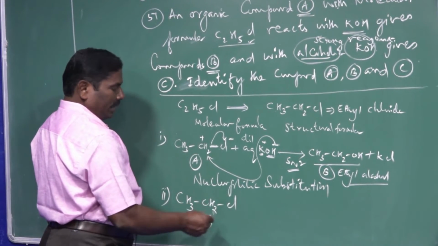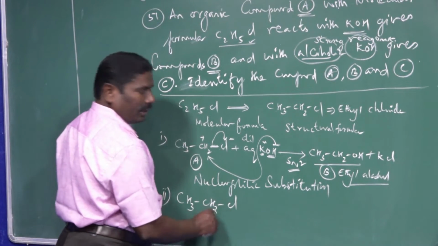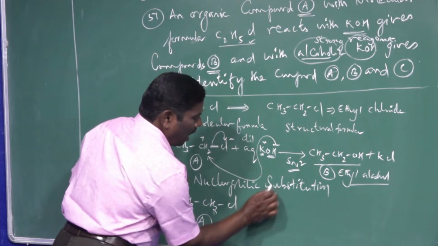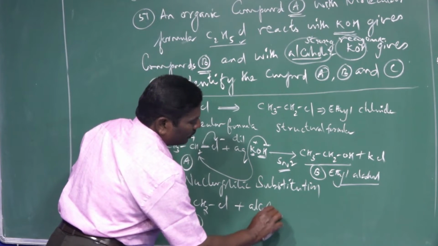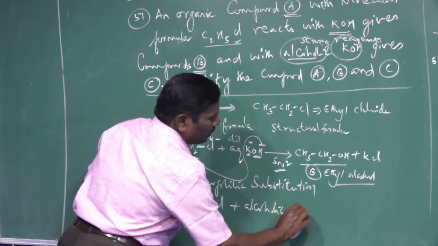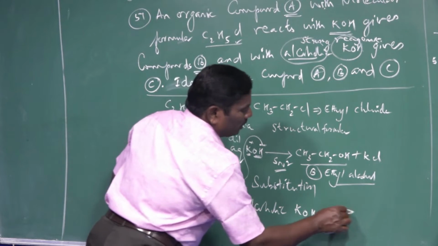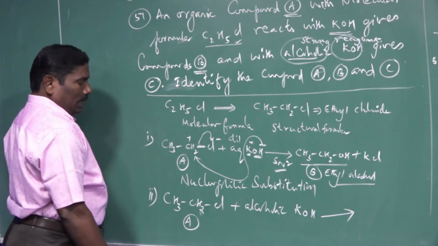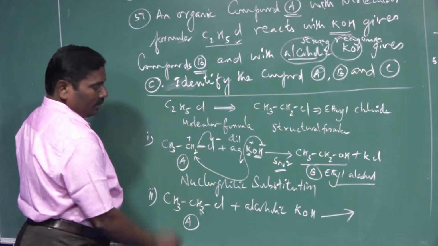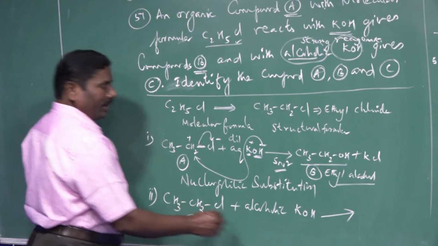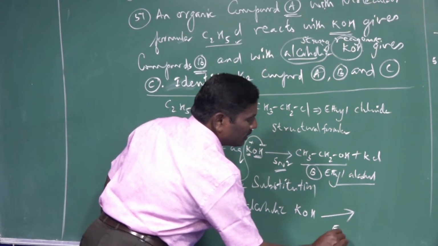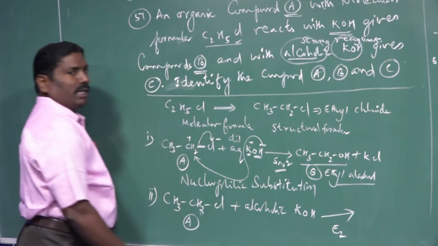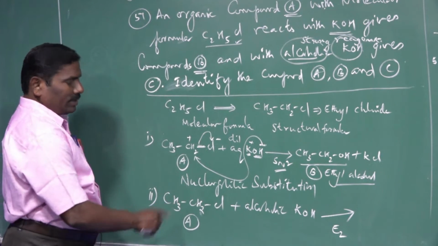Next, what reaction is going to take place with A? Now you take alcoholic KOH. What happened in this reaction? Actually, this is the concept named elimination reactions, the E2 mechanism.